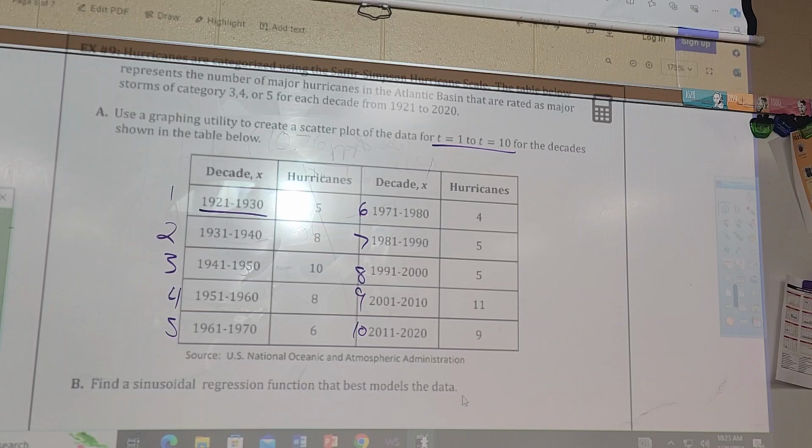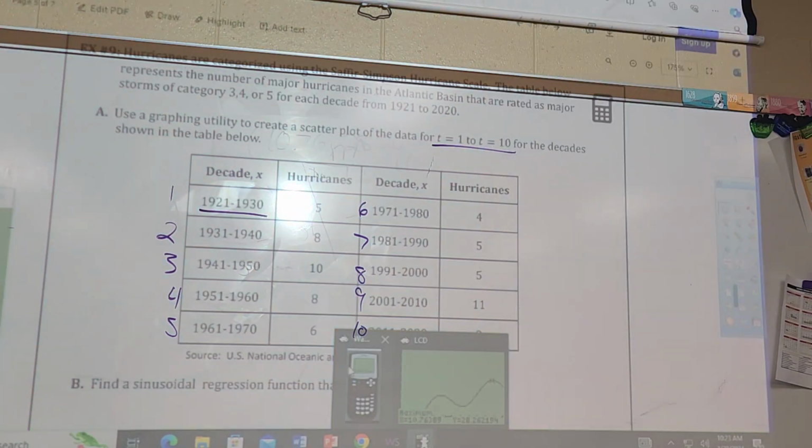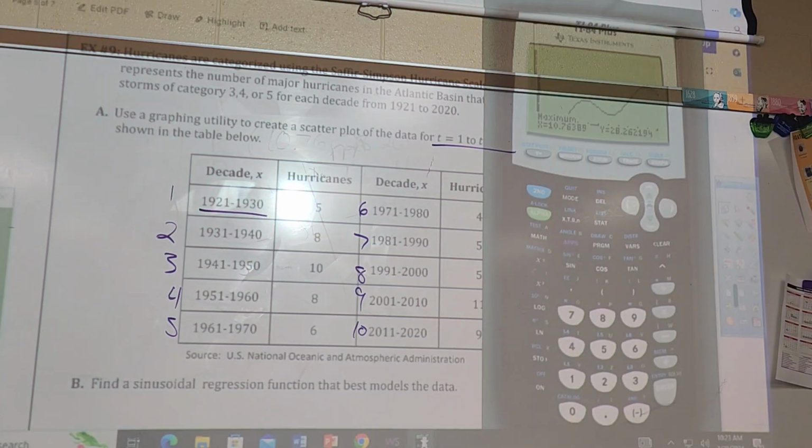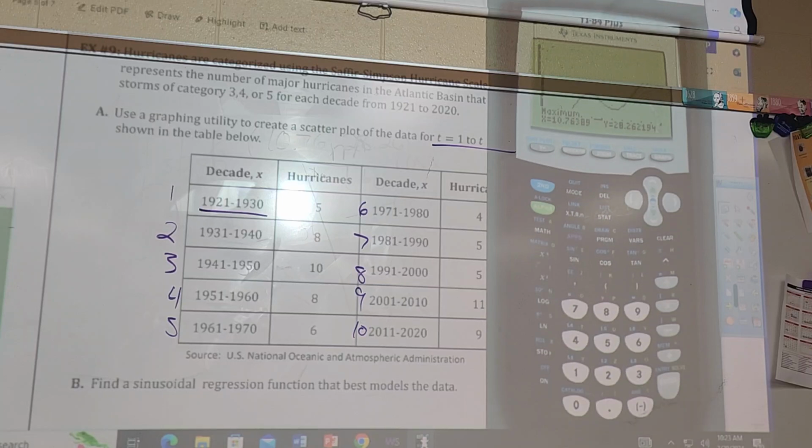So let's grab our calculators. Good thing I got this working, or else it'd be wild. I'm going to clear this beast. Do you guys remember, where do I enter the stuff in at? Stat, Edit.